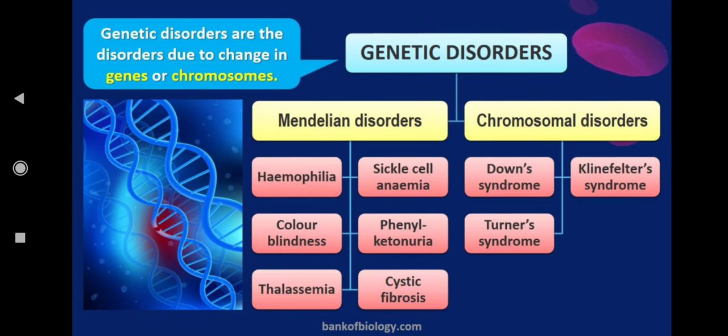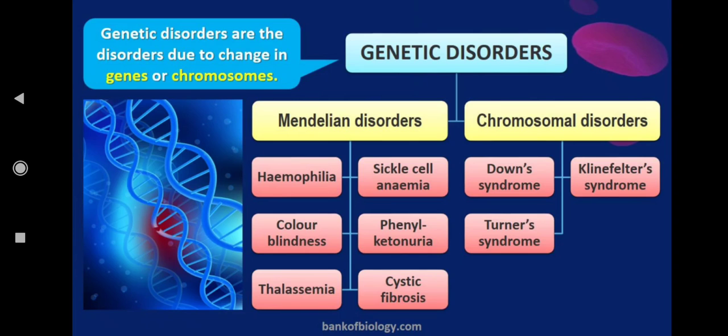Now let us see what the Mendelian disorders are. How many diseases are there in Mendelian disorders? Here are hemophilia, sickle cell anemia, color blindness, phenylketonuria, thalassemia, cystic fibrosis. These all belong to Mendelian disorders.